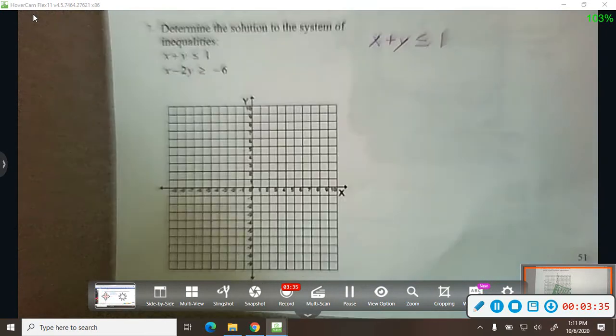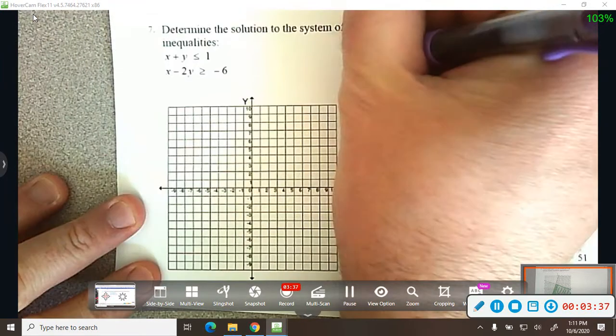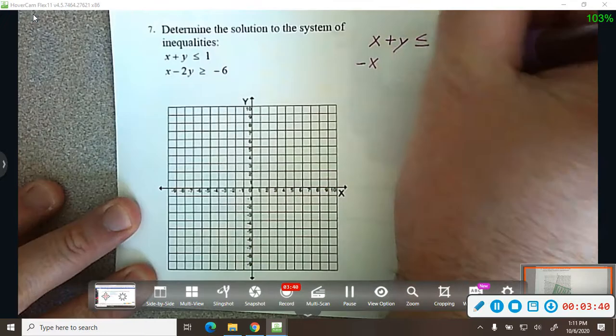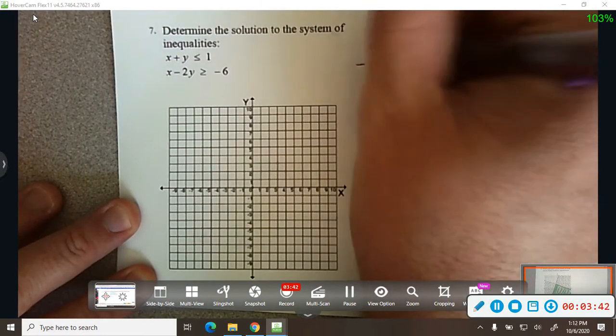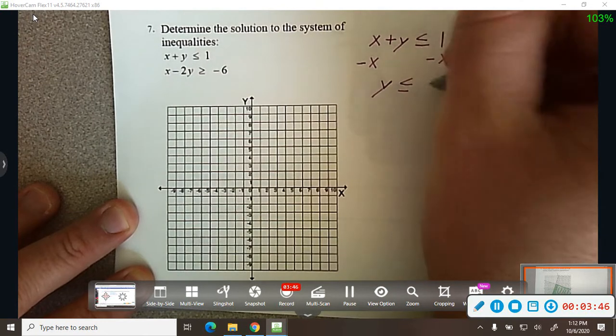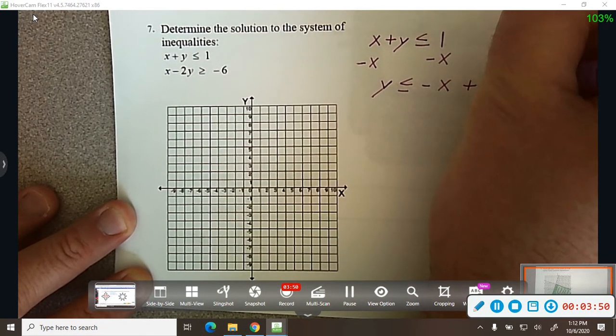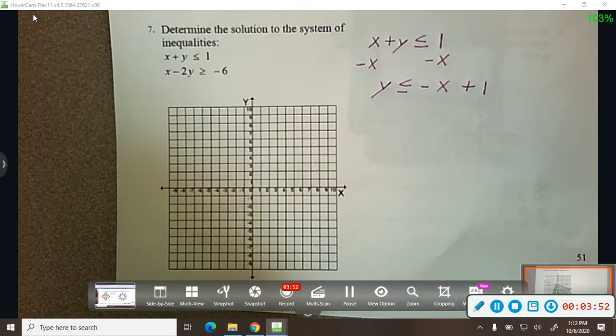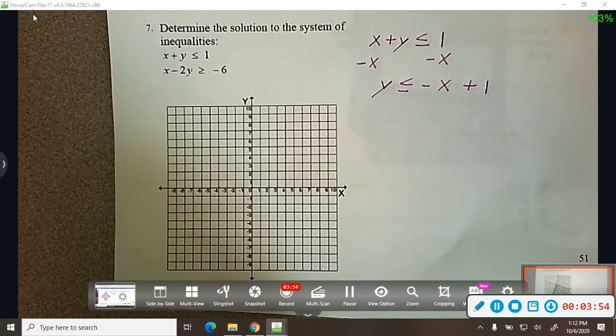I want y by itself, so I'm going to subtract x from both sides. And I get y is less than or equal to -x plus 1. So I'm going to graph the boundary line. The boundary line would be y equals -x plus 1. So where do I start?